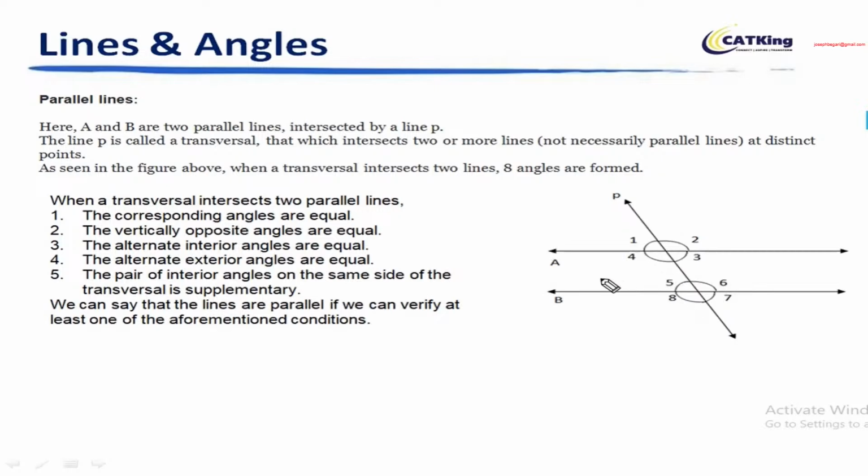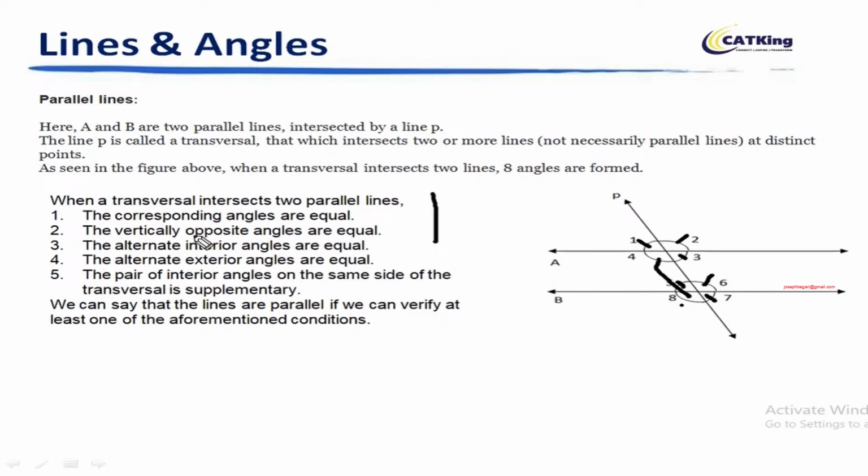So what are the properties? The corresponding angles are equal. Which of these angles are corresponding in nature? Angle 2 is corresponding to angle 6, so these two angles are equal. Similarly, angle 1 and angle 5 are corresponding, so these two are equal. Angle 3 and angle 7 are equal. Angle 4 and angle 8 are equal.